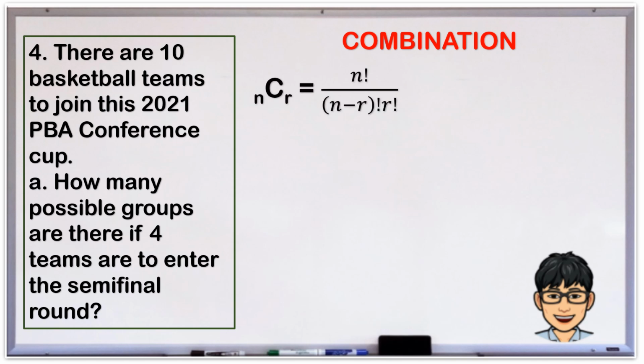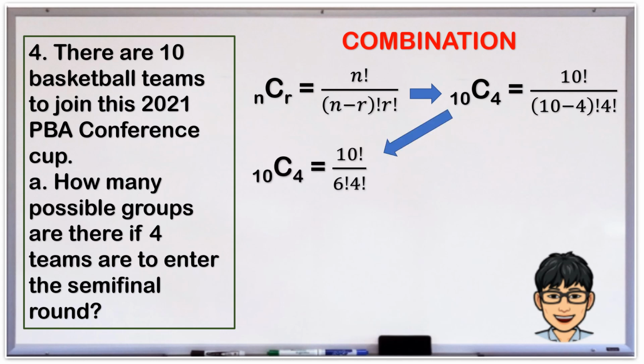So using the formula N select R equals N factorial divided by the quantity of N minus R factorial, we have 10 select 4. And that is equal to 10 factorial divided by the quantity of 10 minus 4 factorial times 4 factorial, which is also equal to 10 factorial divided by 6 factorial times 4 factorial.